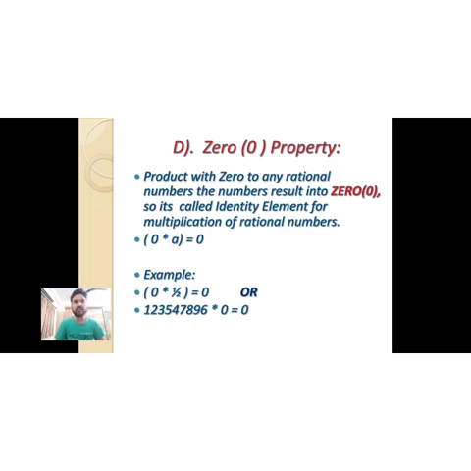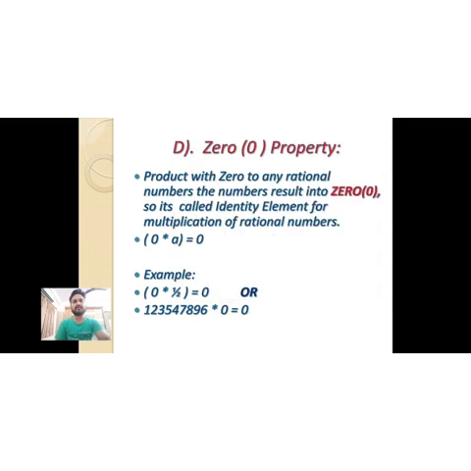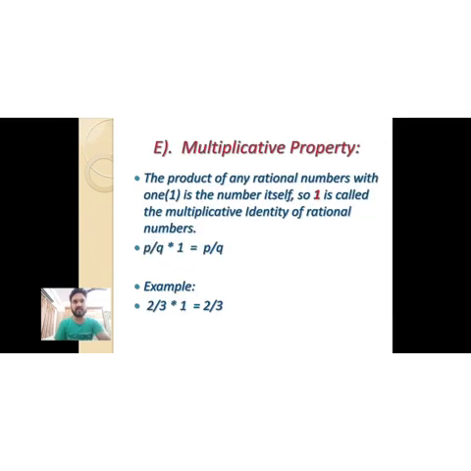The formula: 0 multiplied by a, the answer is 0. Here is an example: 0 multiplied by half, the answer is 0, or any number multiplied by 0, we have the final answer 0. This is the zero property of multiplication.